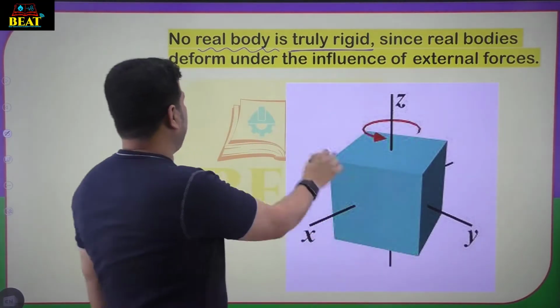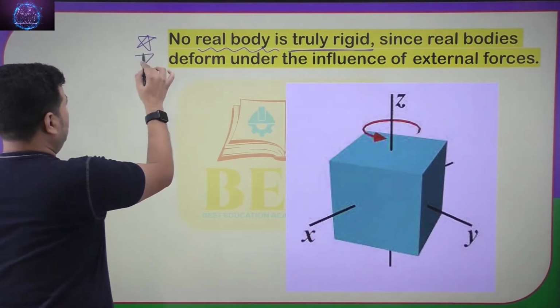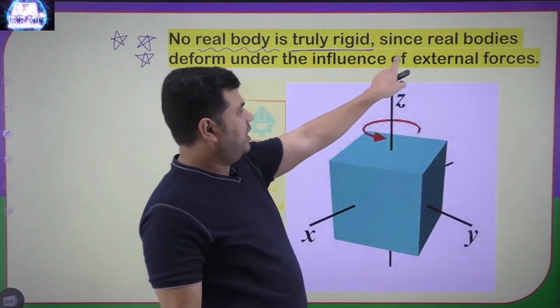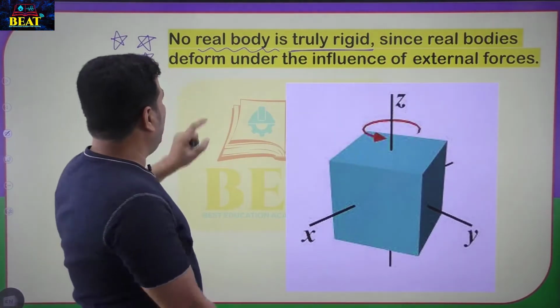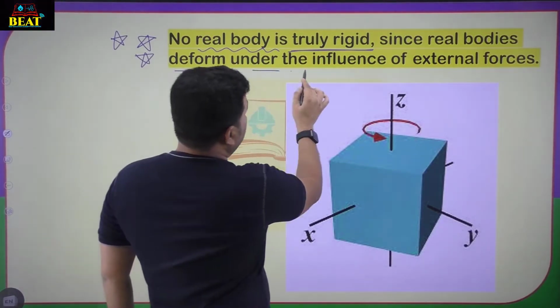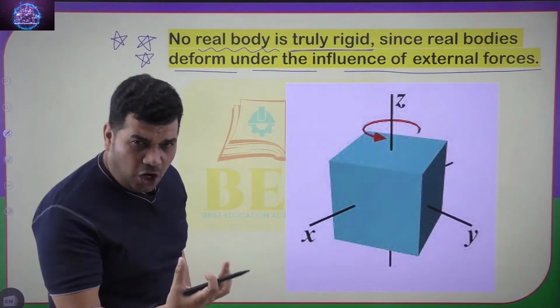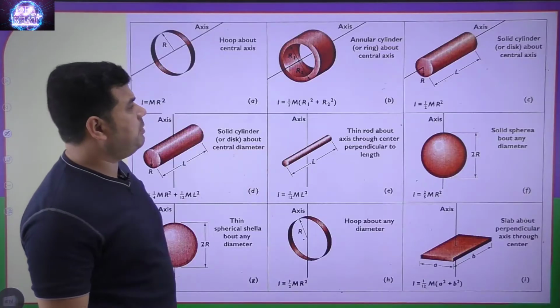So this point is very important for all of you. You can note it down in your copy with 3 stars. No real bodies are truly rigid since real bodies deform under the influence of external forces. A small deformation is always there, right?